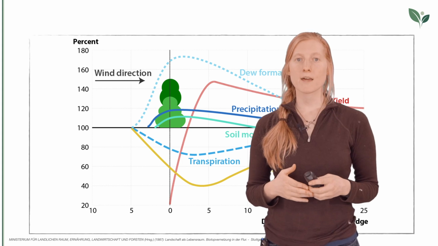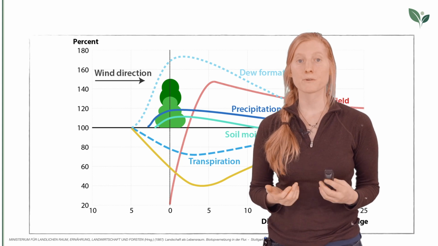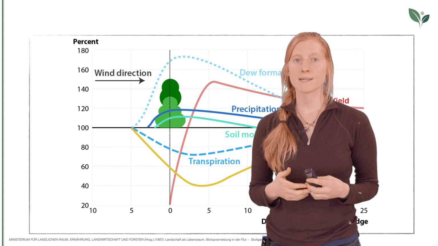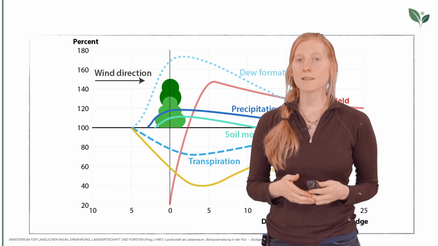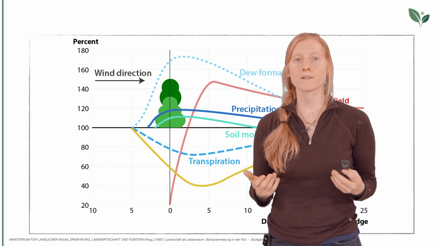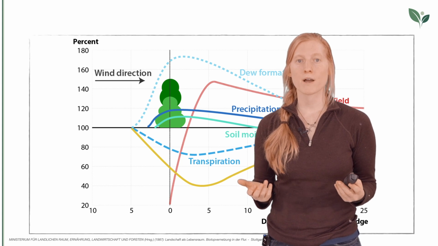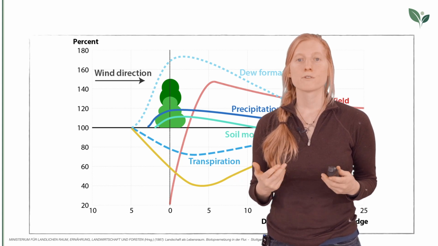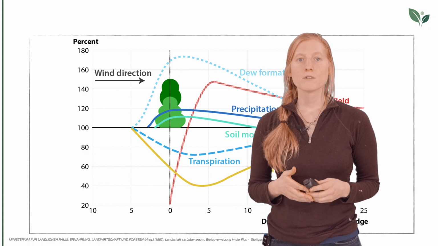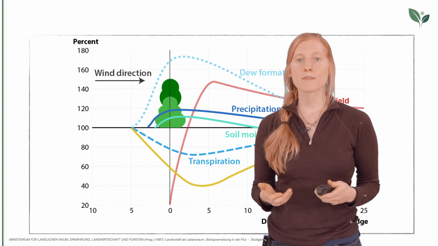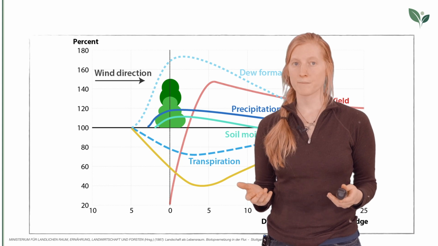In the vicinity of the hedge, dew formation is also increased because the air humidity is higher and air movement is greatly reduced. This allows the plants to keep their stomata open longer, even in dry weather, and to photosynthesize for longer periods. The lower evaporation rate means that soil does not dry out as quickly.